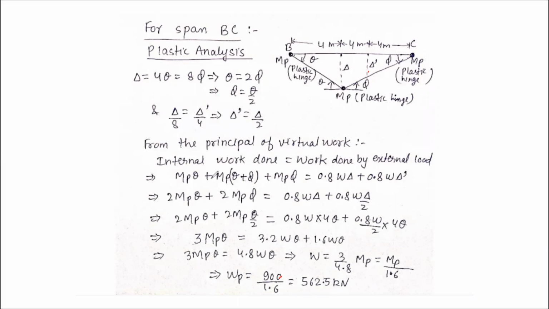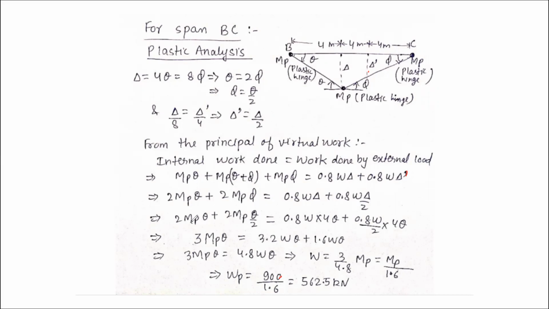So MP theta plus MP theta plus D plus MPD is equal to 0.8 W delta plus 0.8 W delta prime. Since 2 MP theta plus 2 MPD is equal to 0.8 W delta plus 0.8 W delta over 2.